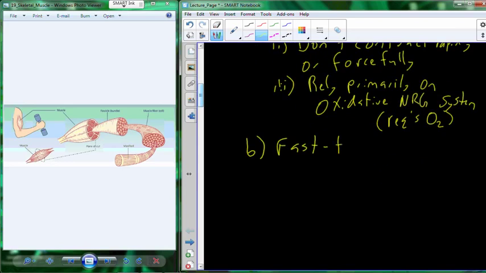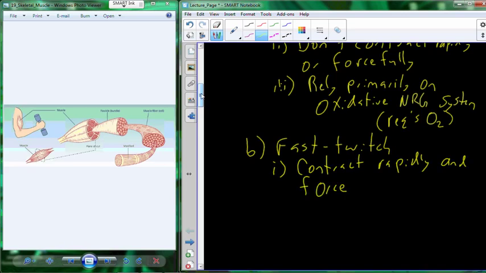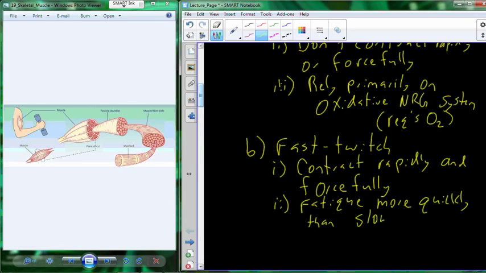The fast twitch muscle cells or muscle fibers have the ability to produce a large and rapid contraction. So they contract rapidly and with a significantly larger amount of force compared to the slow twitch. The trade-off here is that these cell types are more prone to fatigue, and so they fatigue more quickly than slow twitch fibers.